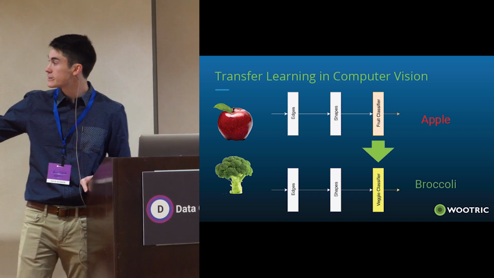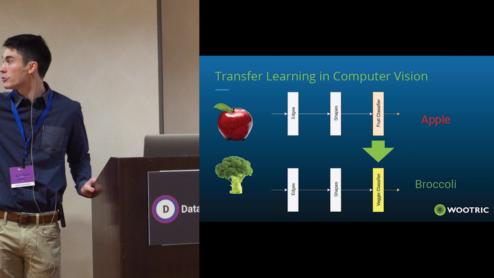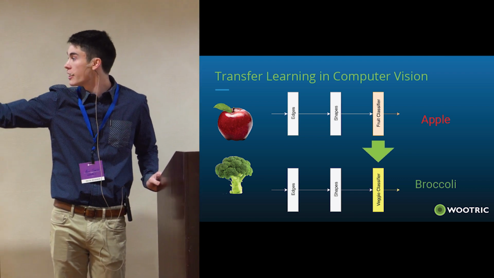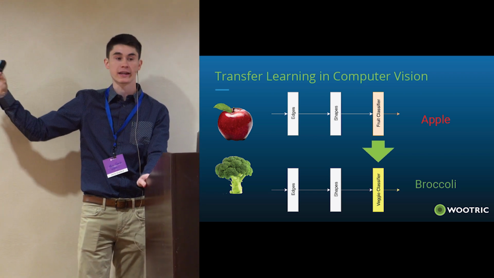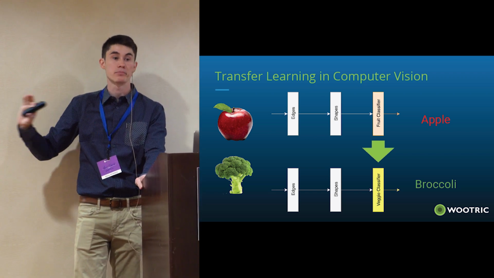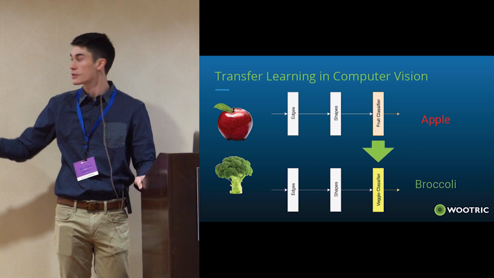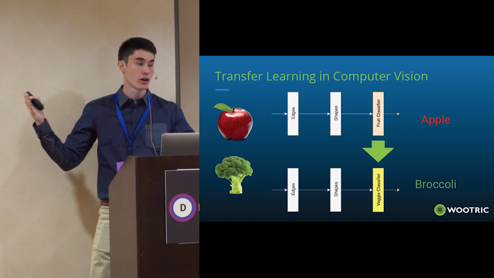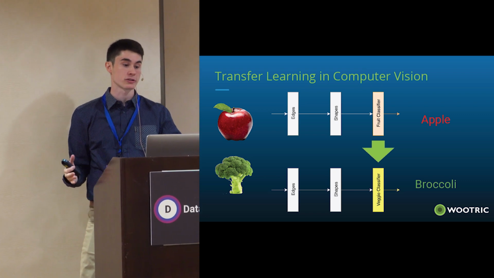What we can do instead is take that same base model that knows about edges, shapes, and colors, so the first two layers there, cut off the part that is actually a fruit classifier, and put on an empty, uninitialized classifier at the end. We can then train our new model on a much smaller data set.